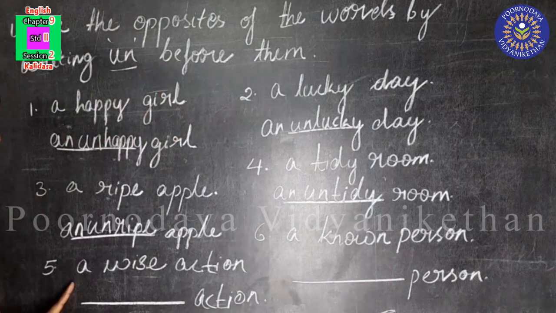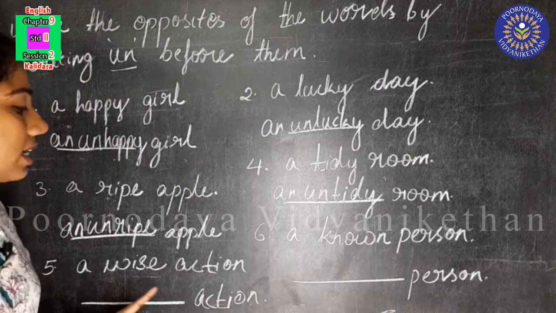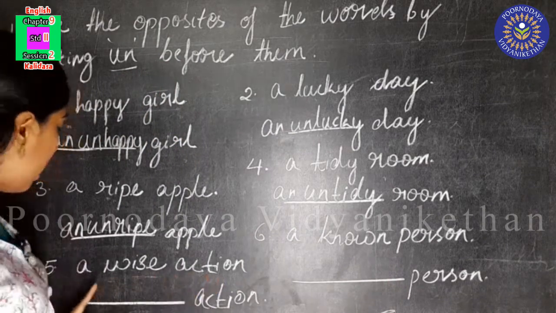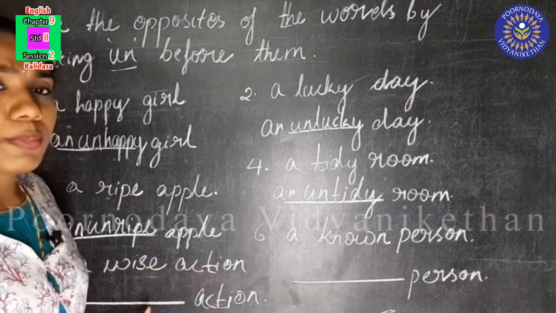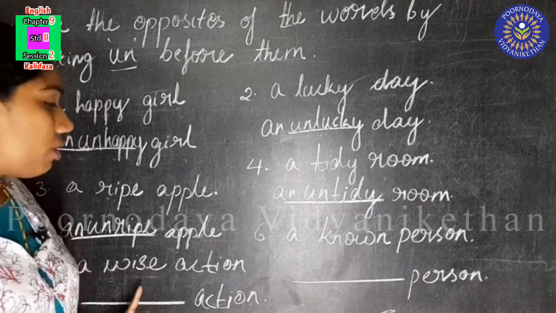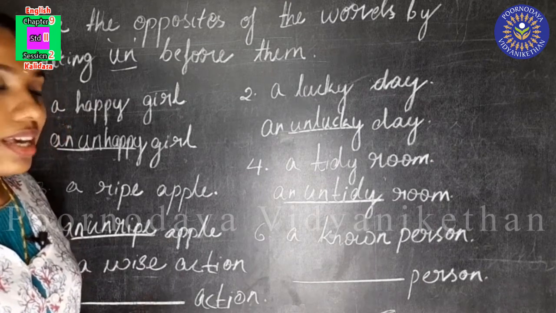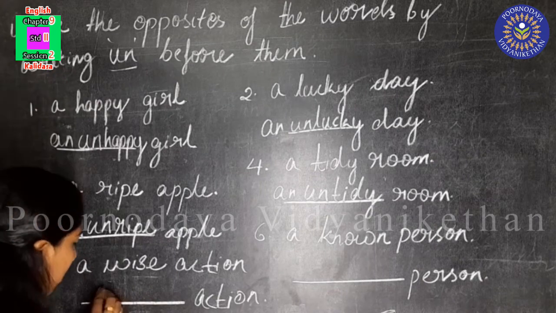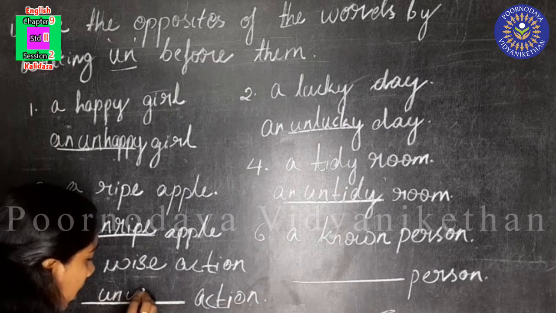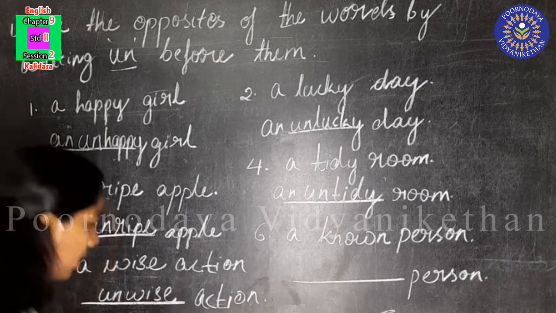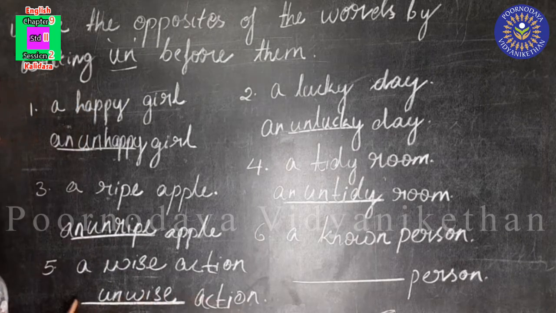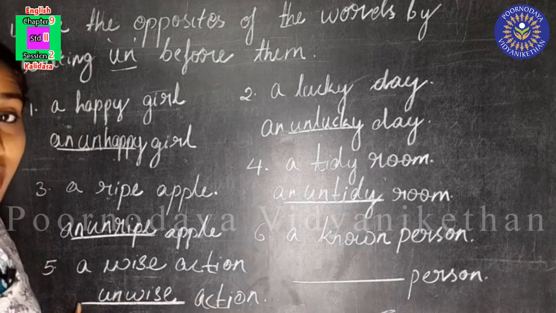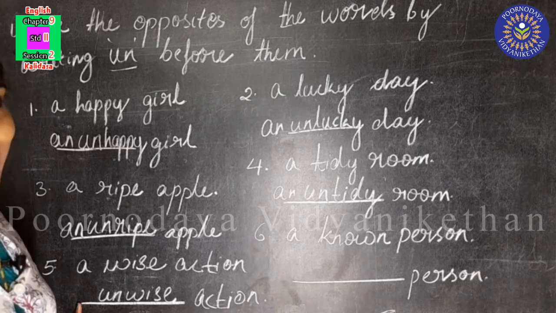Now see the fifth one. A wise action. So can you tell me what is the opposite of wise? Yes, we can add un. Unwise action. Then what is the article that we have to add here? A or an?